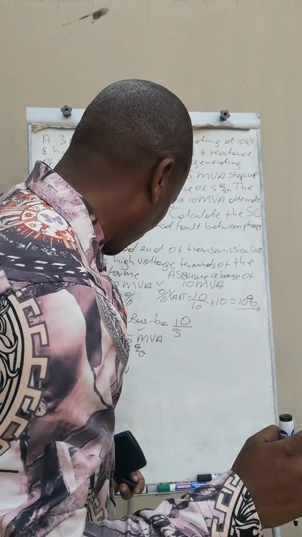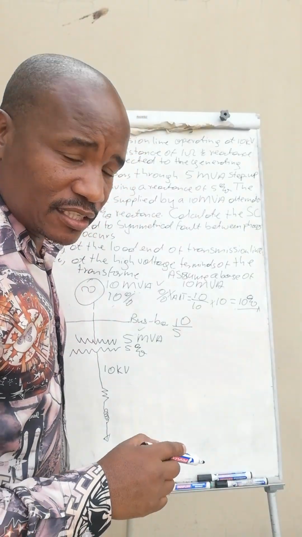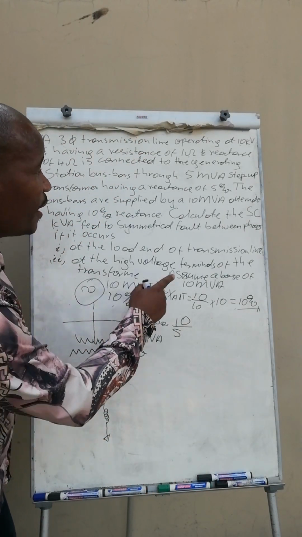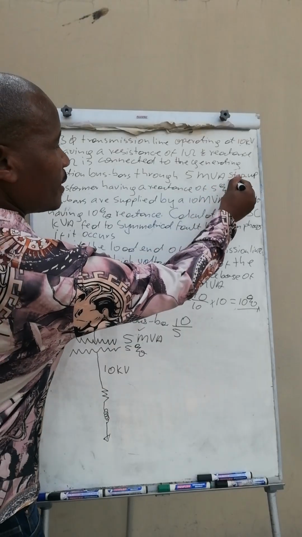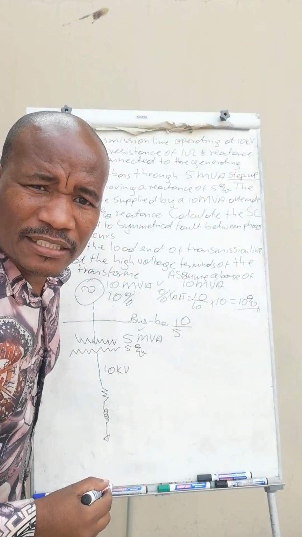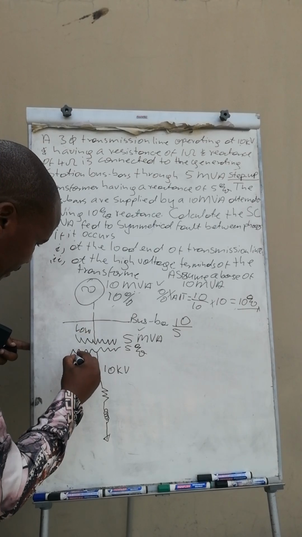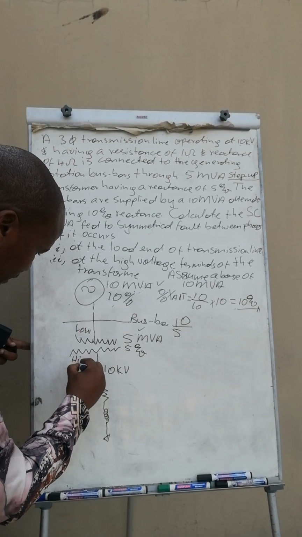Oh, very, very important. I just want to clarify this thing before I continue. You are given a transformer here, and you are told that it is a step-up transformer, meaning this is the low side, and then this is the high side.